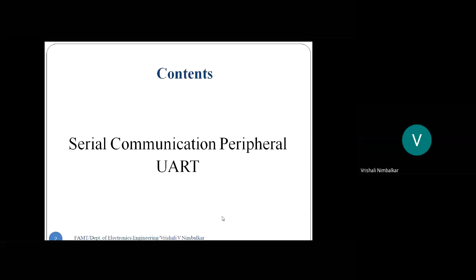When we talk about communication, the first communication is sending data from one device to another device. So what are the ways the data can be sent? It can be parallel communication, it can be serial communication. In parallel communication, when we are transmitting 8-bit data, all 8 bits are sent from one device to another at the same time.